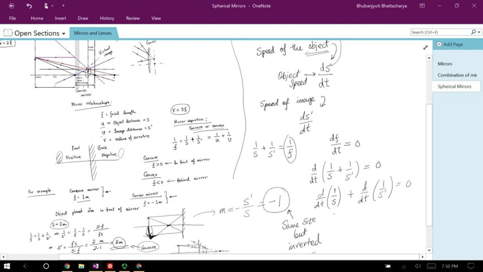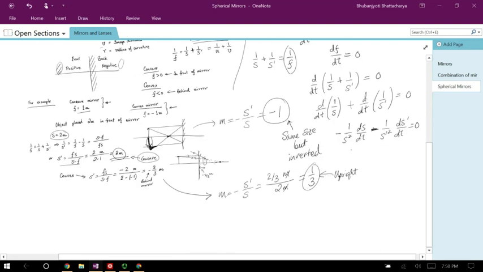Okay, now let's take a derivative of this, so we get negative 1/s² ds/dt plus another negative 1/s'² ds'/dt is equal to 0. And so if I take this to the other side, then this equation will result in the following relationship. We will find that ds'/dt is equal to negative s'²/s² ds/dt.